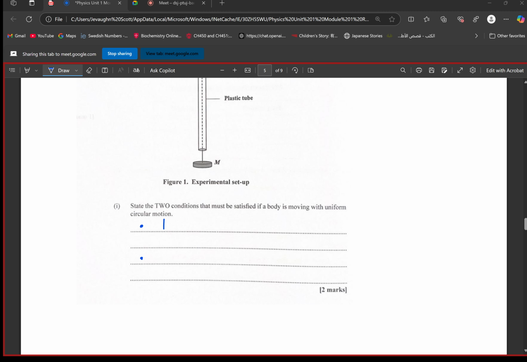The object must maintain constant speed.